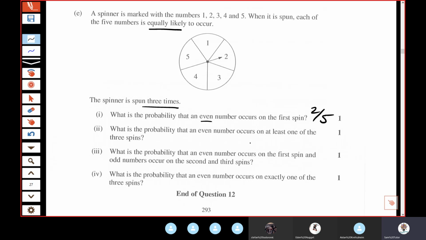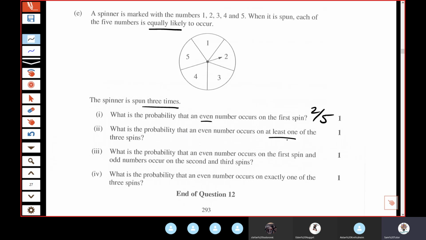What is the probability that an even number occurs on at least one of the 3 spins? That means it could have been even, then odd, odd, even, odd, even, and so on, right? You're not going to do it that way, I hope, because you know there's a lot.